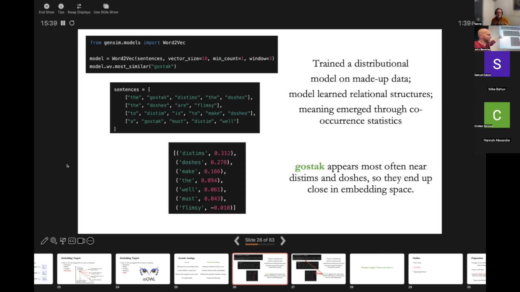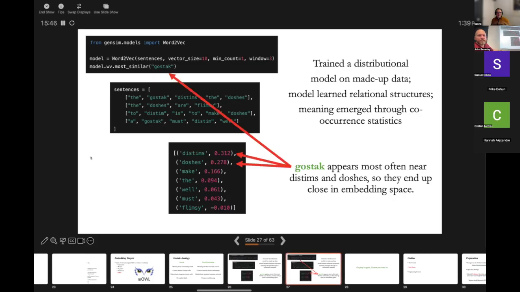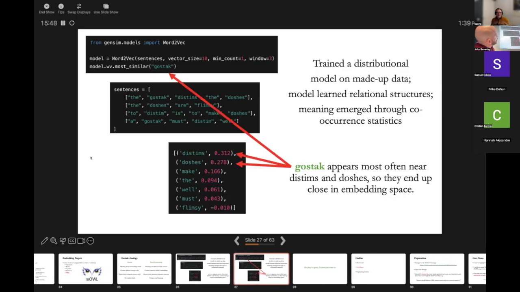I gave it one sentence, two, three, four, and ran the analysis. You can see Gostak appears most often near distems and dashes, so they end up closer in the embedding space. Given this minimal set of sentences, this is what it concludes.